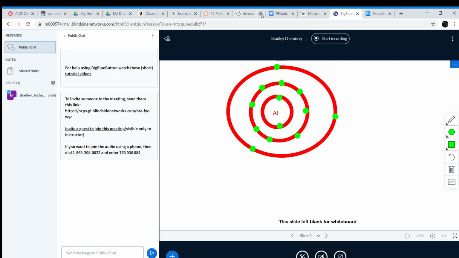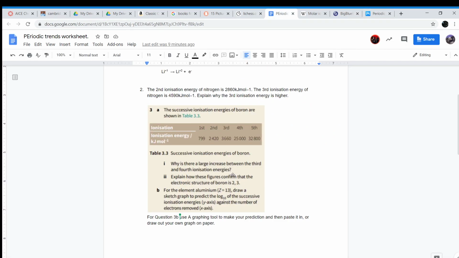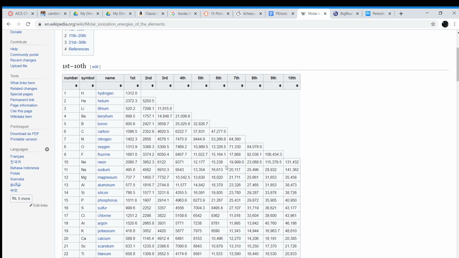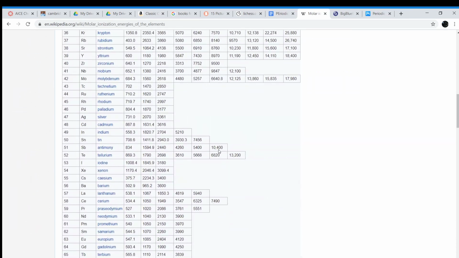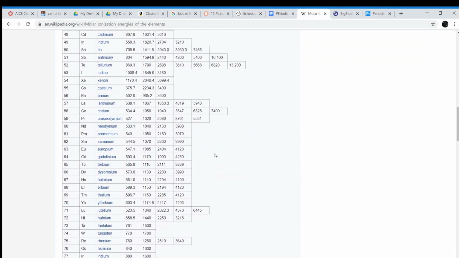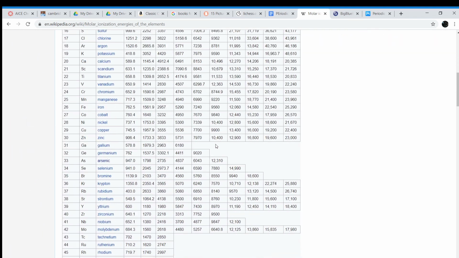And this is wanting us to essentially predict what the aluminum ionization energy is going to be. It really does want us to try and predict it instead of just finding it. I'm scrolling back here really quickly so that I don't look at it because I want to do my predictions here with you.